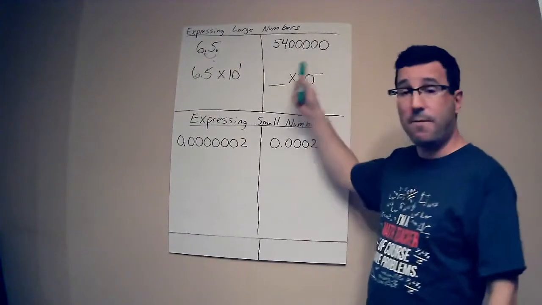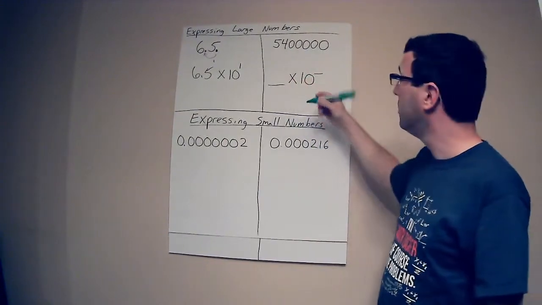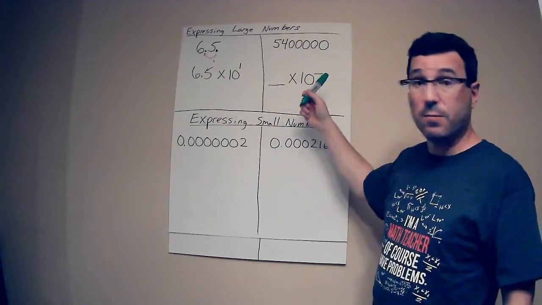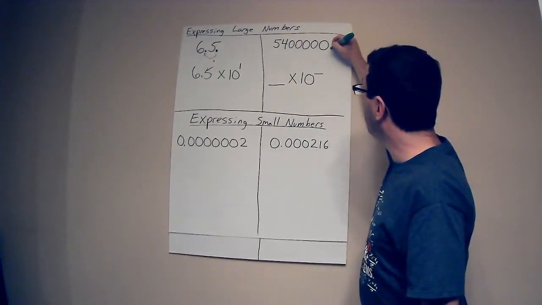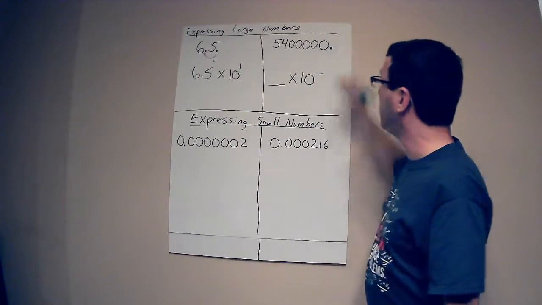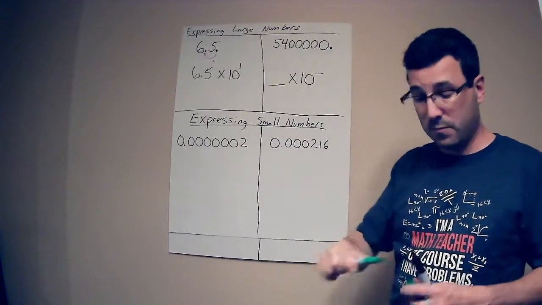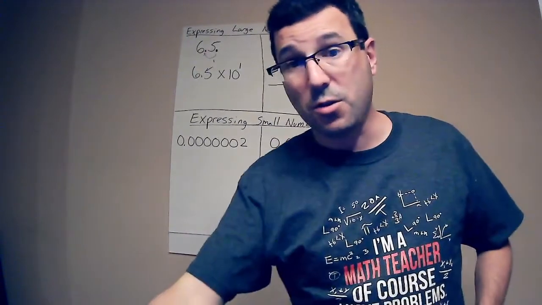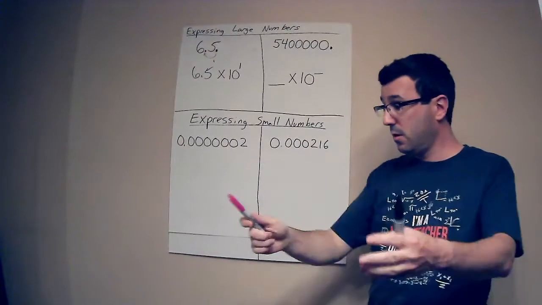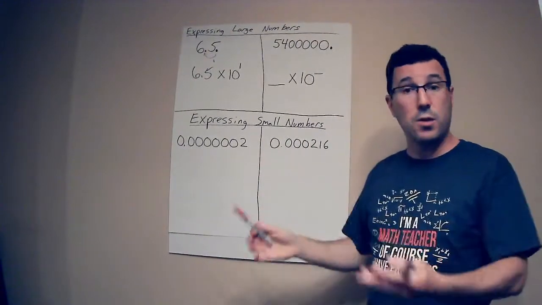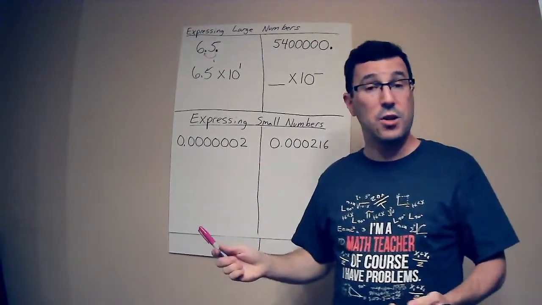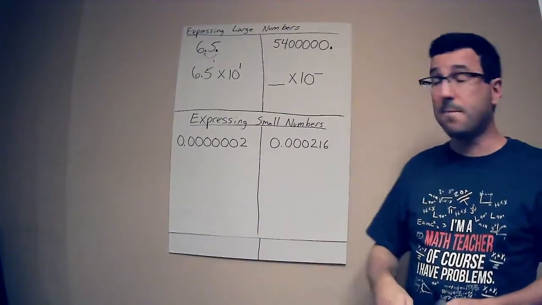Here again, I have 5,400,000. I don't see a decimal there, so I'm going to put a decimal after that last zero, right at the end. And then I'm just going to start moving that decimal either left or right in order to see whether I can get a number between 1 and 10.